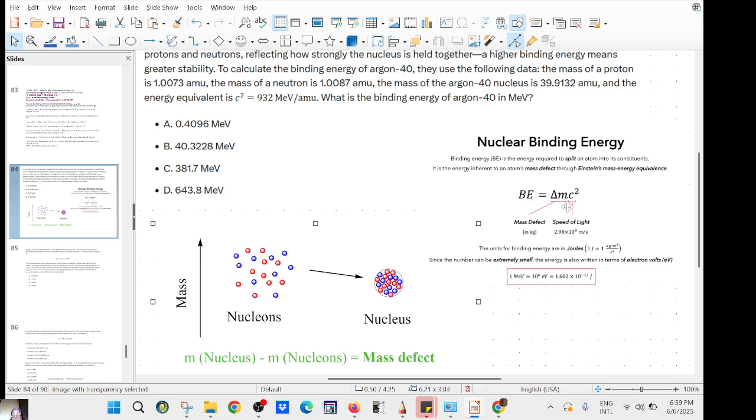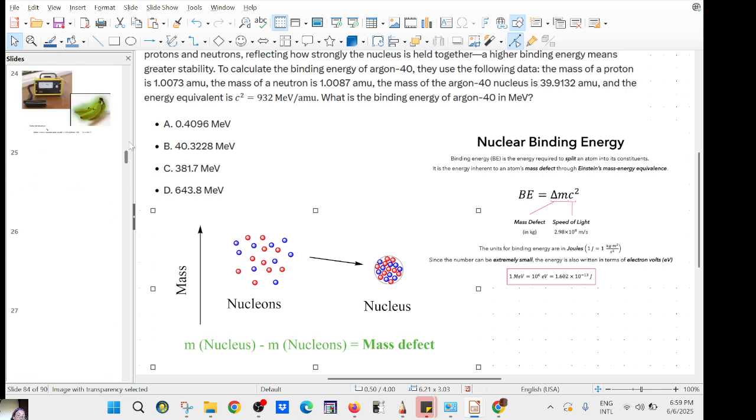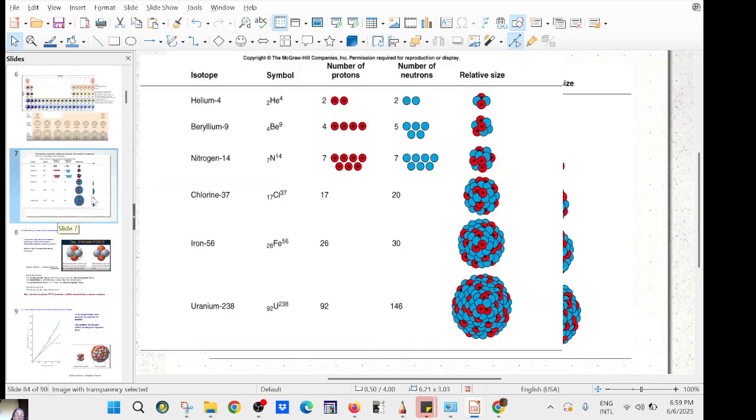So all those nuclei have a binding energy, which is like a potential energy. So when you put them together here to make nitrogen, the mass of nitrogen will be less than the sum of all the masses that you add together.